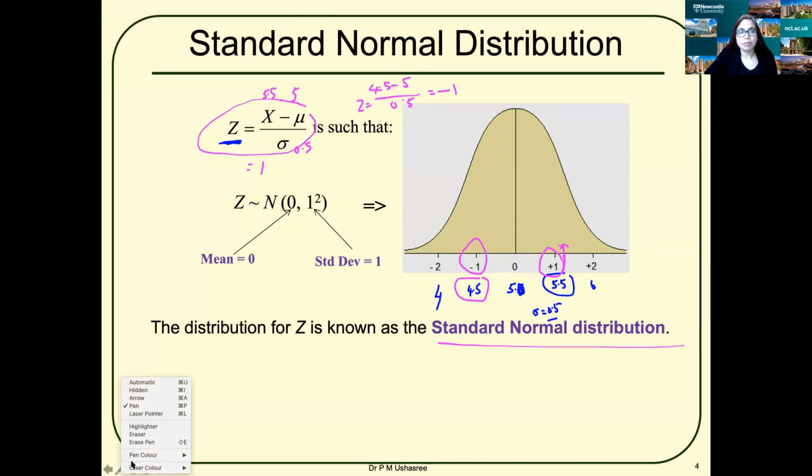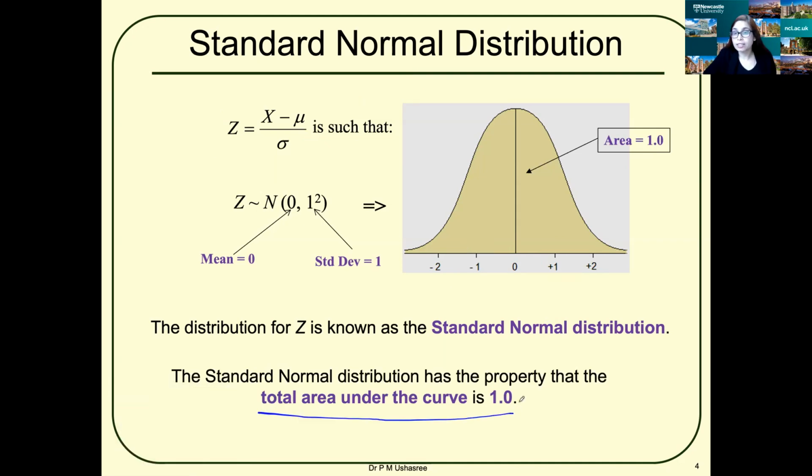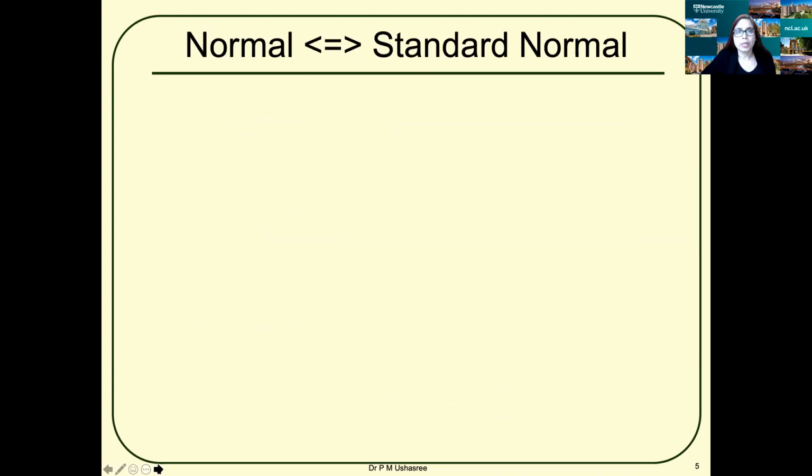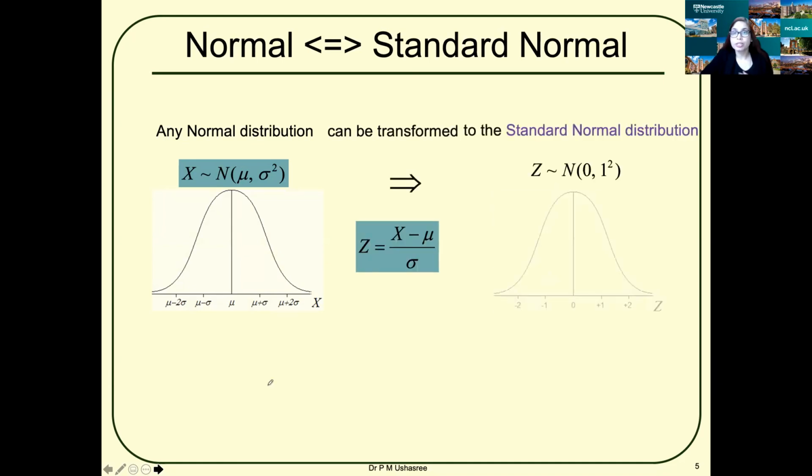And the total area under the curve is 1, because the total probability is always 1. So in summary, any normal distribution can be transformed into a standard normal distribution using this transformation formula.